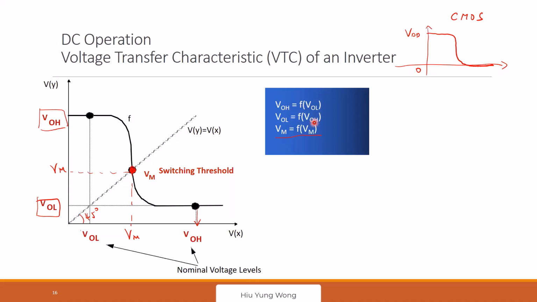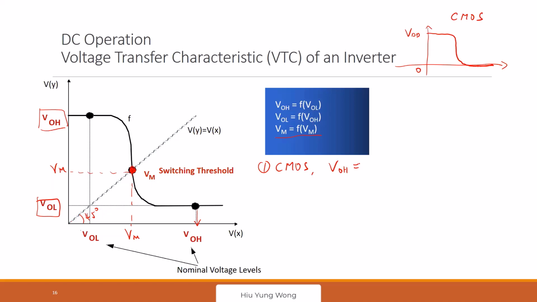For example, in this figure, first find output low, then input it and find the output high, then put output high as the input and find the output low. So in CMOS, what is output high?